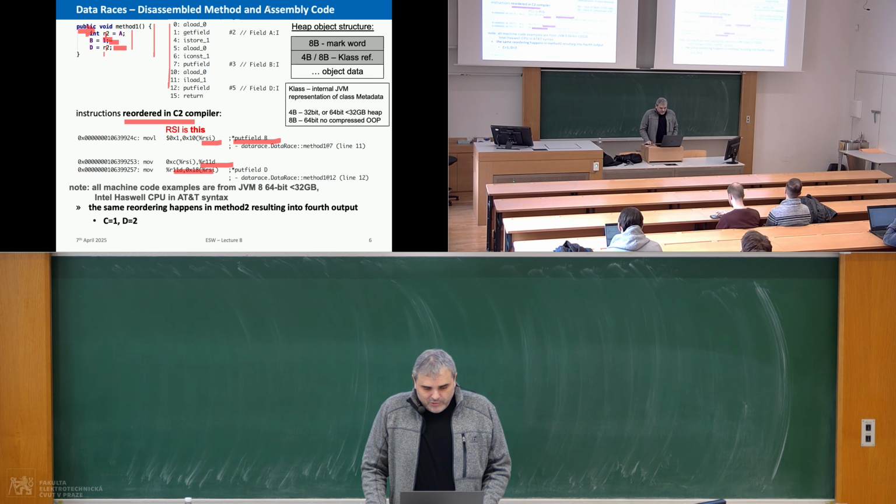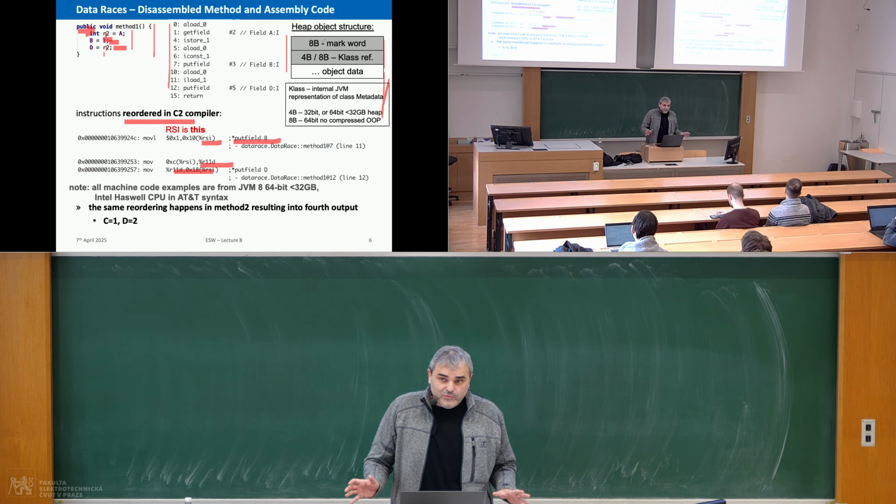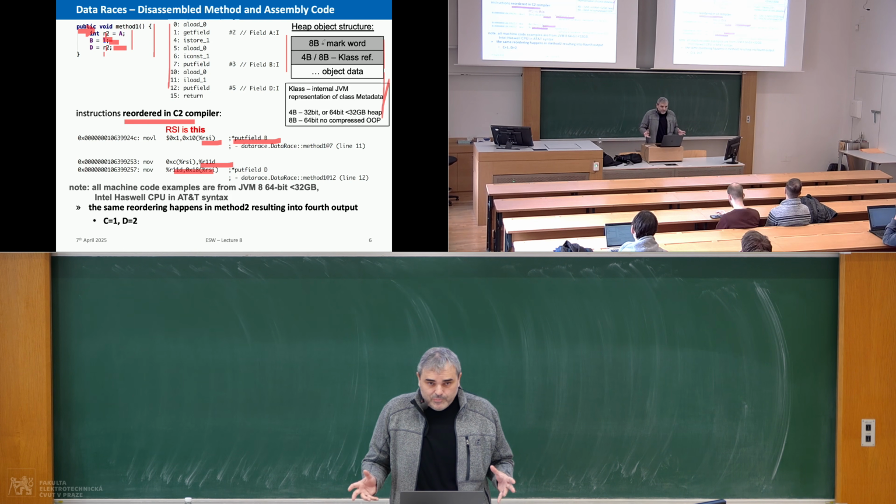One more interesting thing in this: I've already mentioned several times last time the object structure on the heap. This gray area is the object header, and object data is after the header. The header can have 12 or 16 bytes, depending on the size of the heap, whether compressed OOP or regular OOP is used.